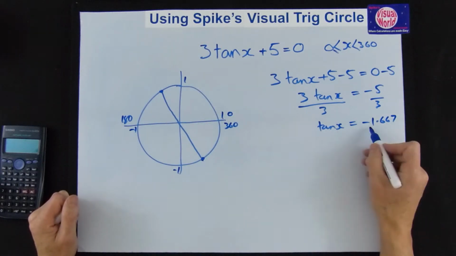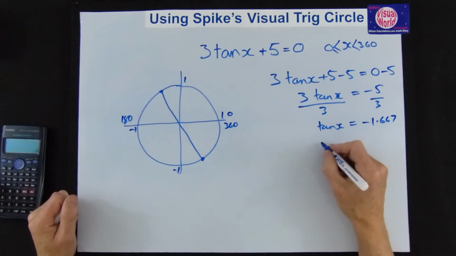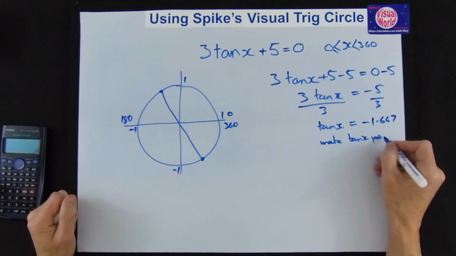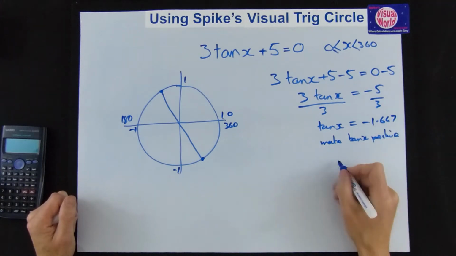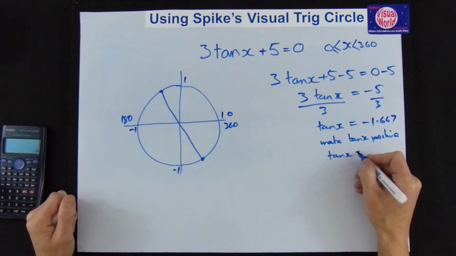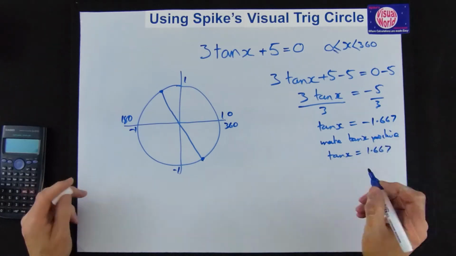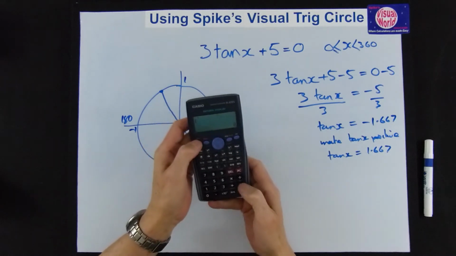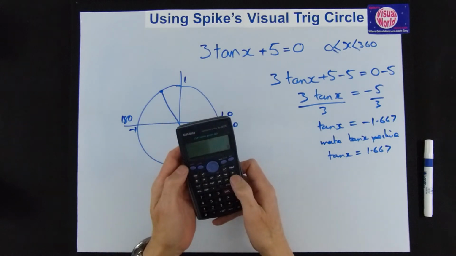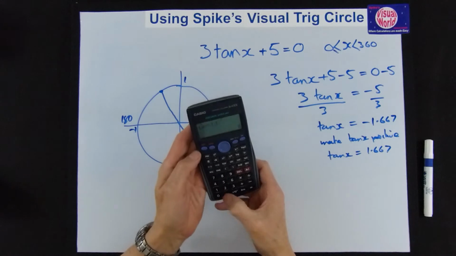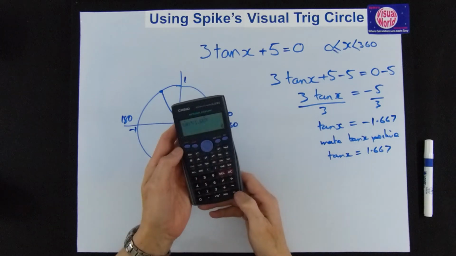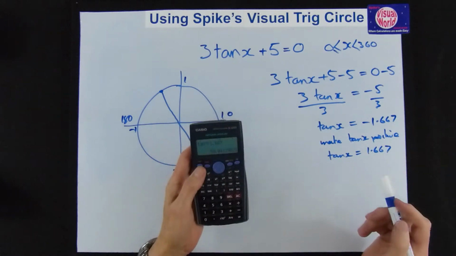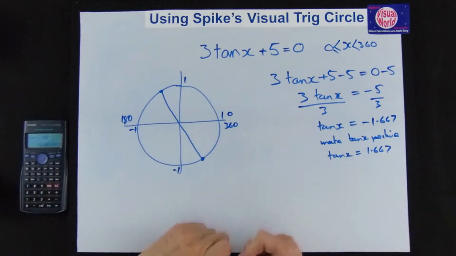Now, when we get it minus, remember, for our working, we make tan x positive. So what we put into our calculator is tan x equals 1.667. So we grab our calculator and we go, take off the tan, so it's shift tan 1.667 equals, and we get, you see it's 59.04, so we're just going to call that 59.